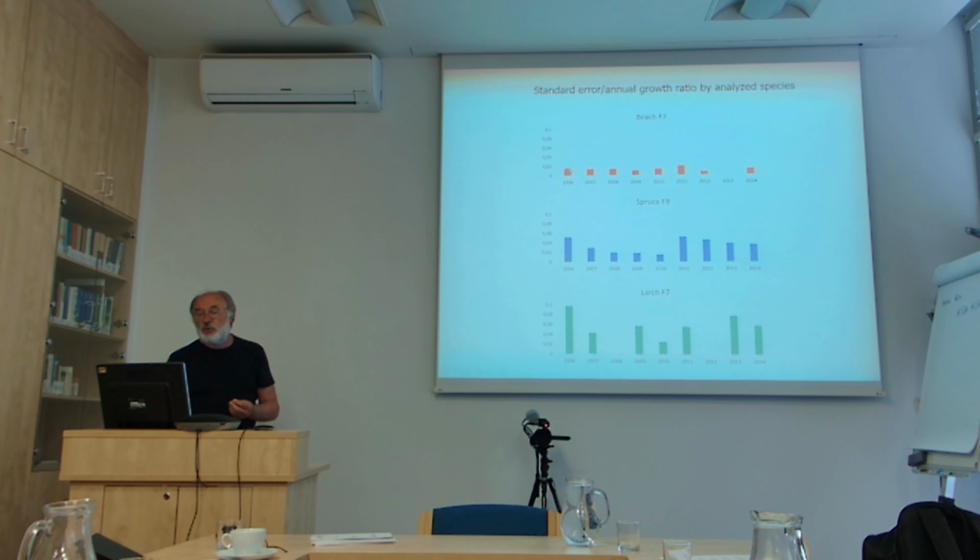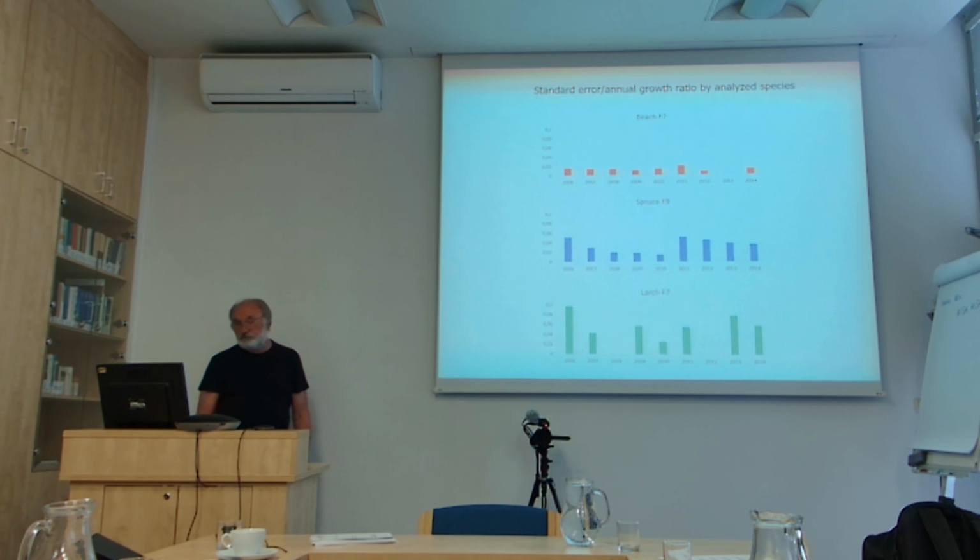All the graphs have the same scale. So you see that the beech is relatively close to the fitting curve. The spruce shows the problem in those years, and the larch is still the worst one.